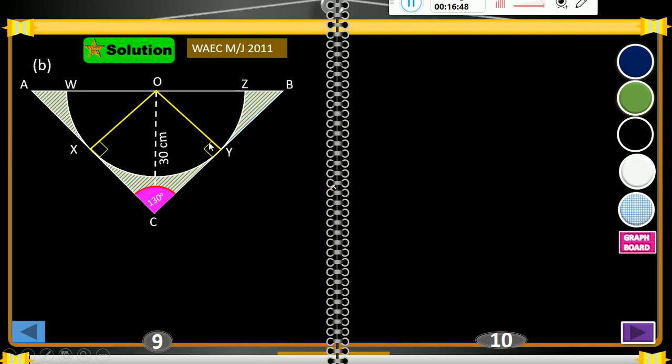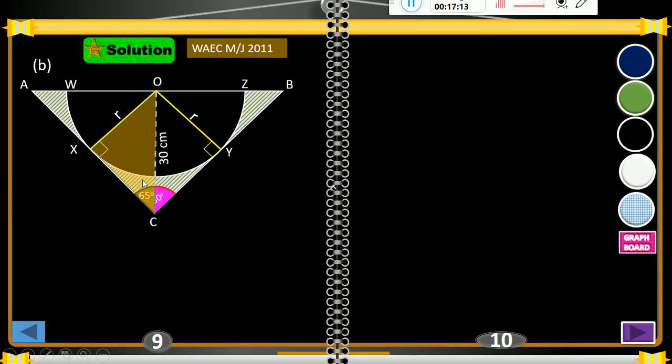So now we add the signs to show that those lines are perpendicular. Now half of this angle should be 65 degrees. Using one side of this shape and that angle 65, we're now going to calculate the value of the radius we're asked to calculate. Now this angle is 65.